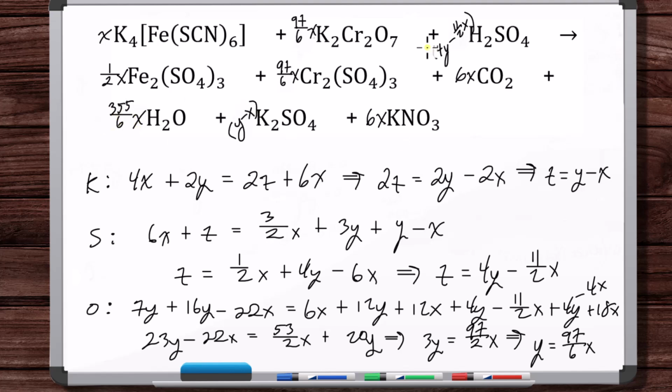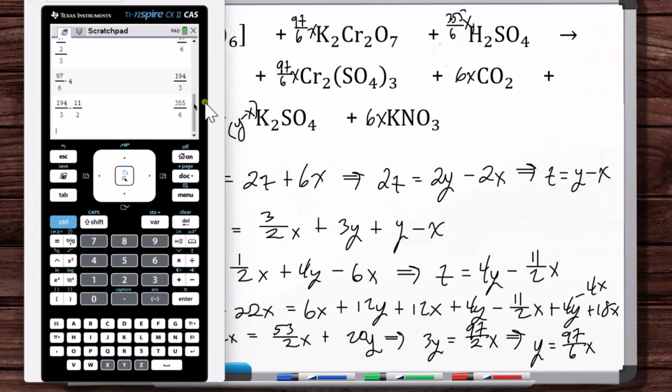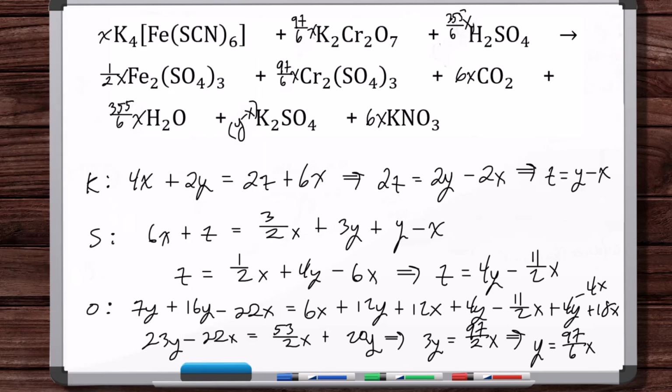Now we just need to multiply this. Oh, no, we have Y minus X here. So 97 over 6 X and then minus 1, 91 over 6.